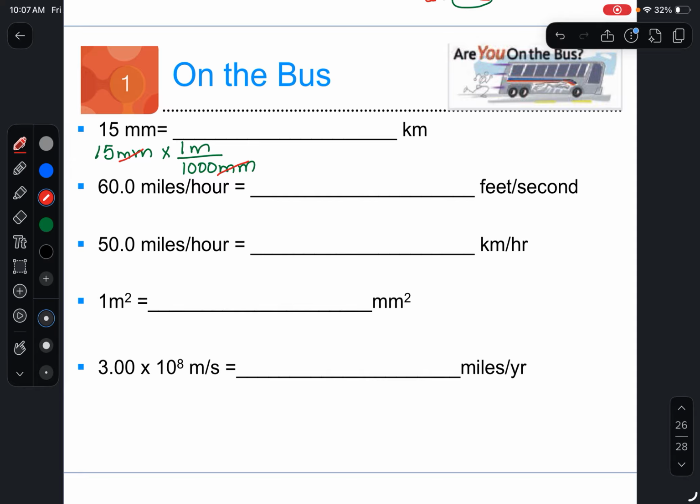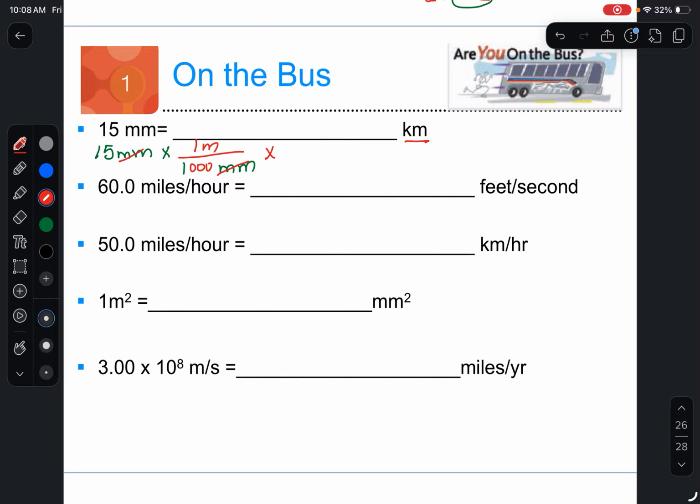Oops, I forgot a term because now I see I only have meters on top. Well, I'm asked for kilometers. So I need another conversion term. So I know I'm not finished. Whoops, and that erased the whole thing, which I didn't want it to do. So we had 1 meter over 1,000 millimeters.